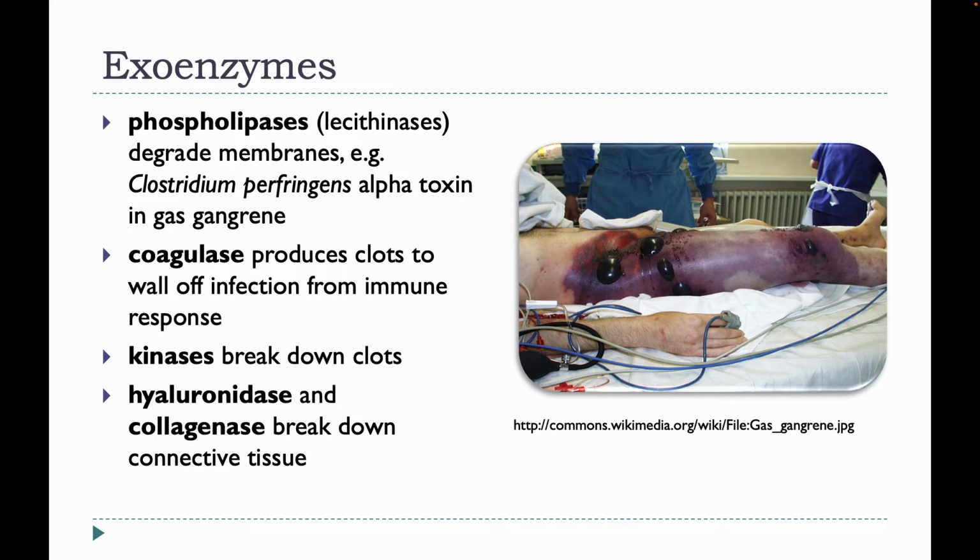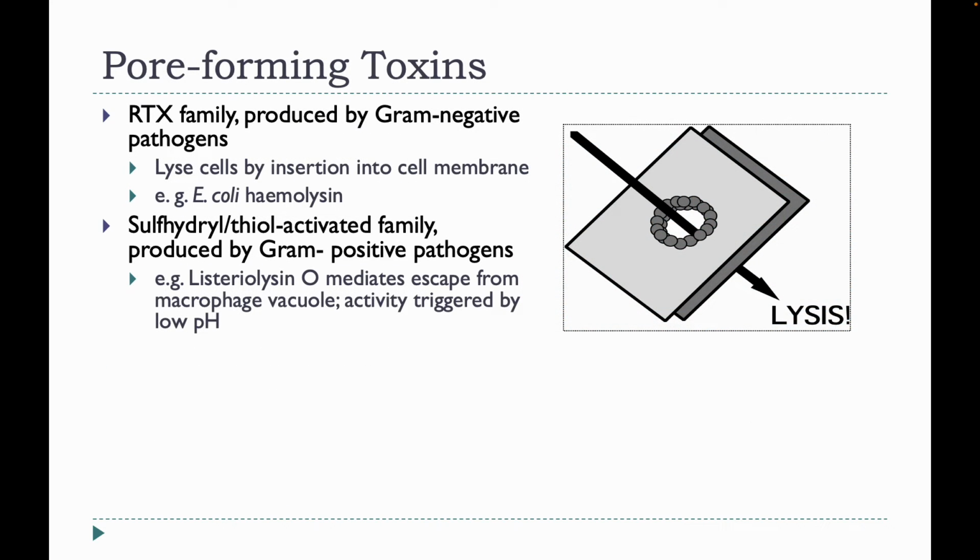So here's gas gangrene. Within gas gangrene, one of the key components is phospholipases that just chew up the membranes of the host cells. Coagulase is an enzyme produced by Staphylococcus aureus that produces clots that wall off infection to save it. And there are various others as well.